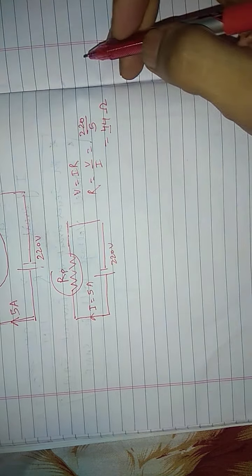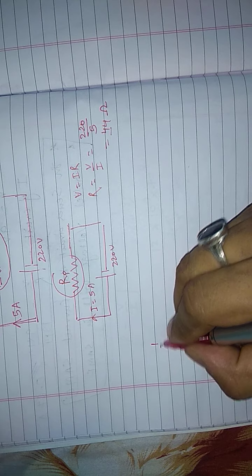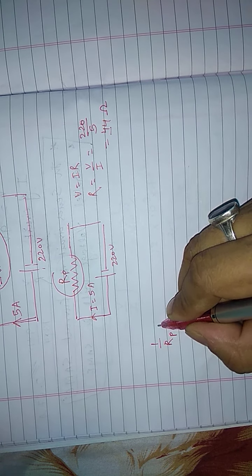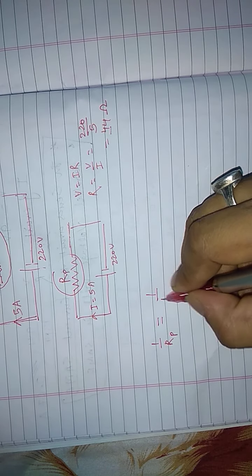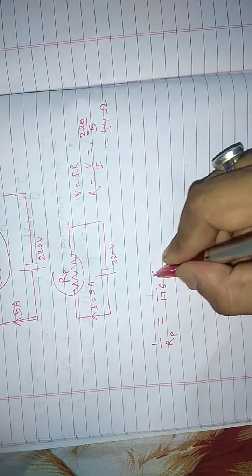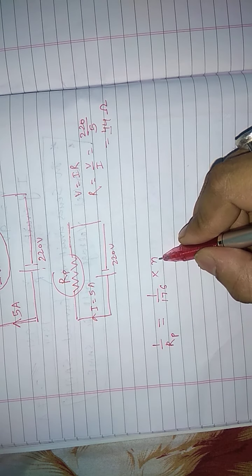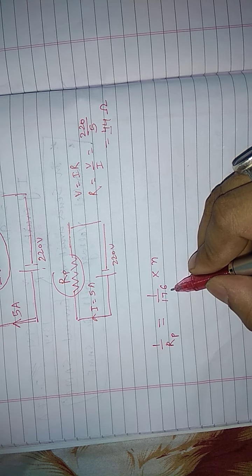It means 1 upon R parallel will be equal to 1 upon 176 into n times, because we have n resistances of 176 ohm.